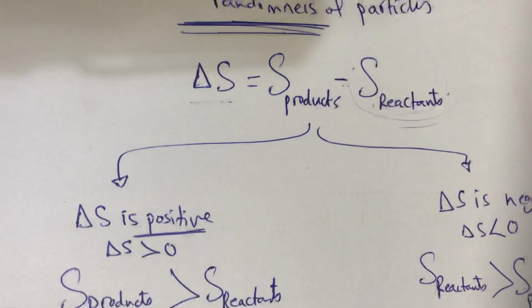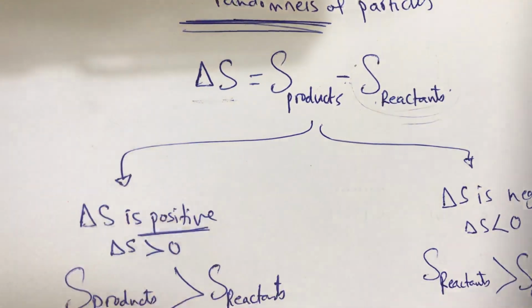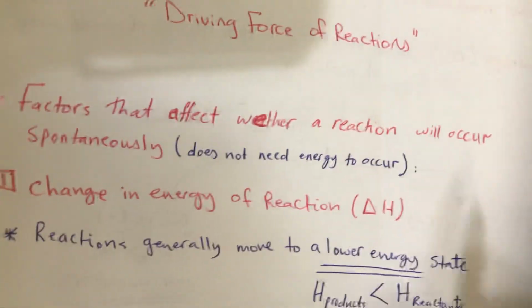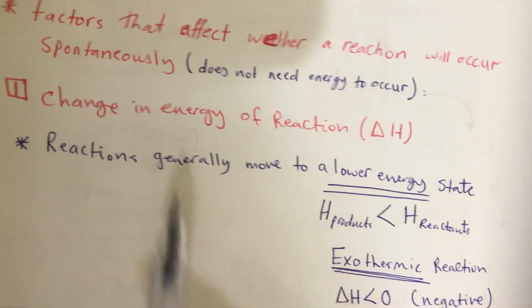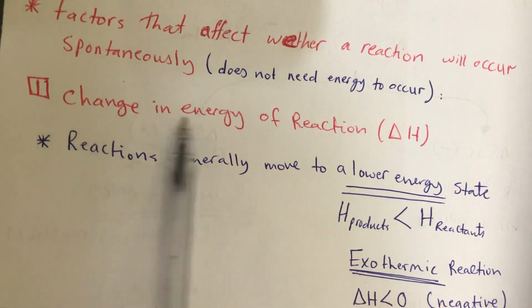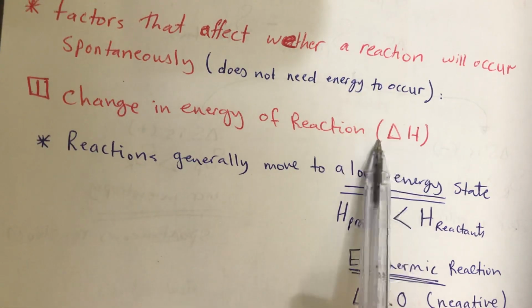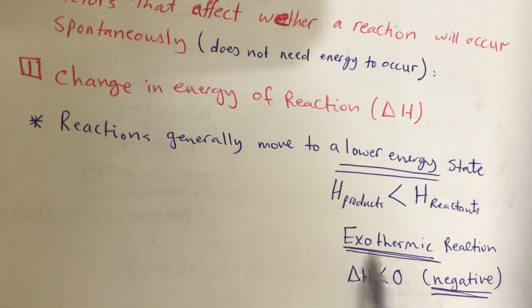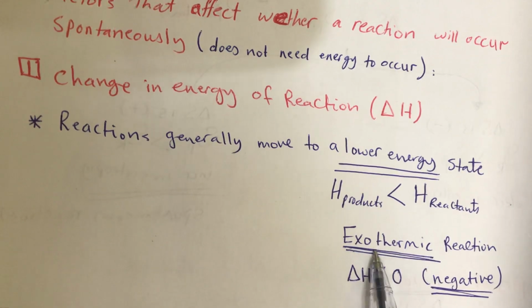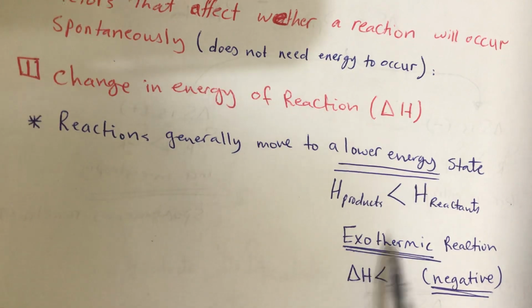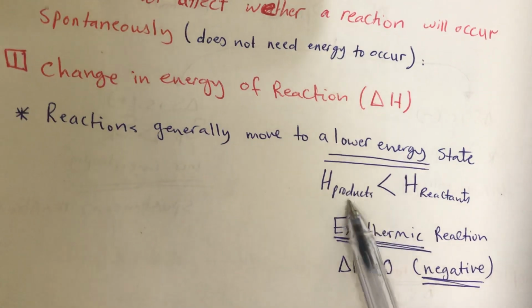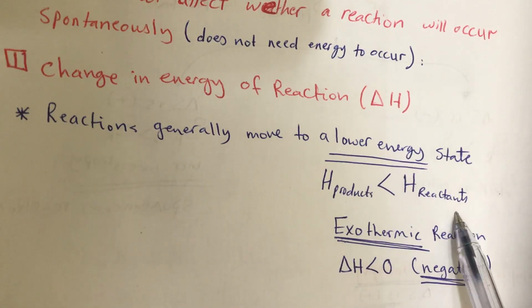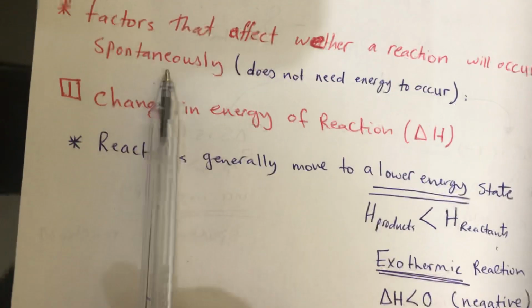So the first factor that affects whether a reaction occurs spontaneously or not is the change of energy, delta H. It must be negative; negative is for an exothermic reaction. So if the energy of products is less than the energy of reactants, it's a spontaneous reaction.